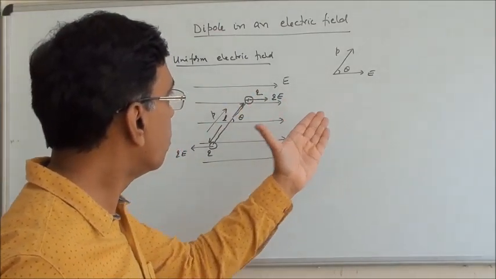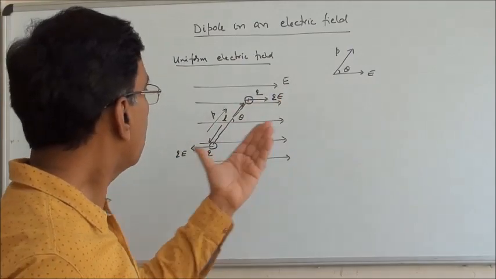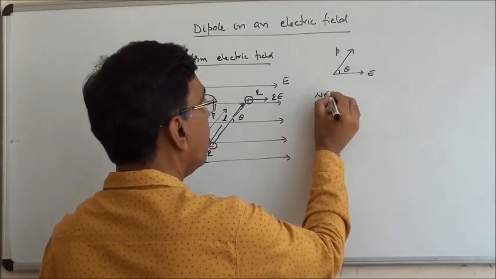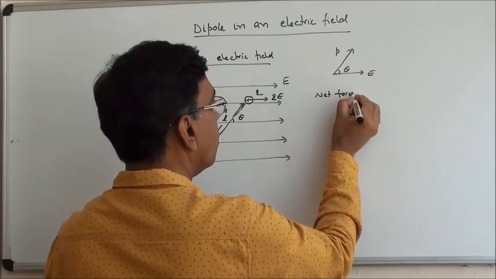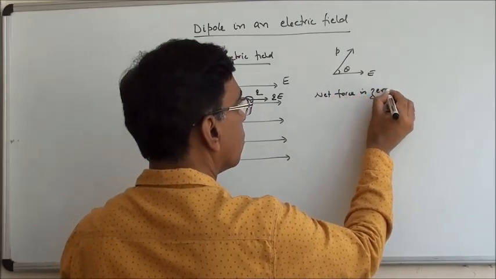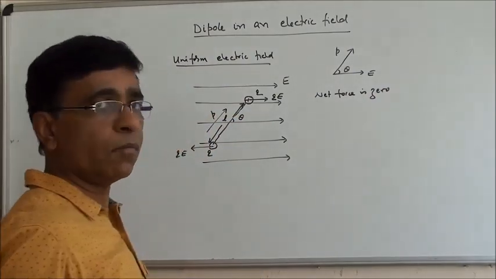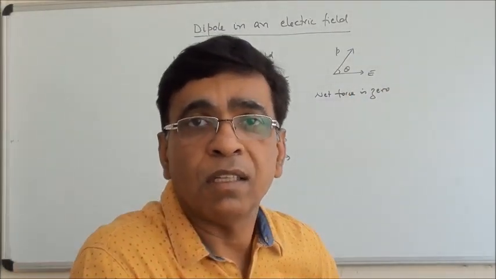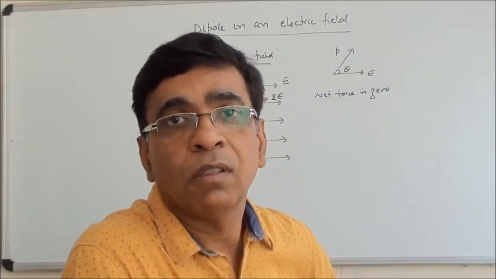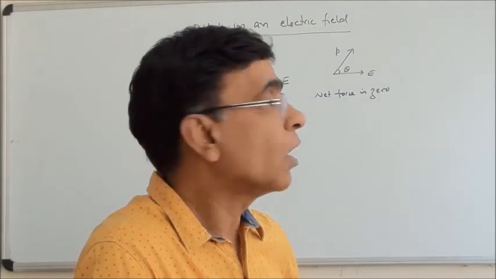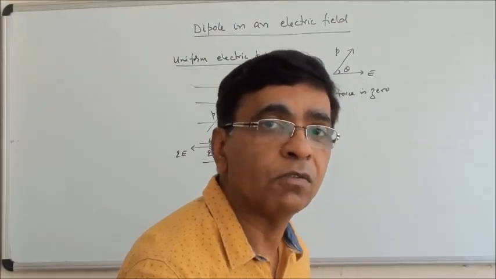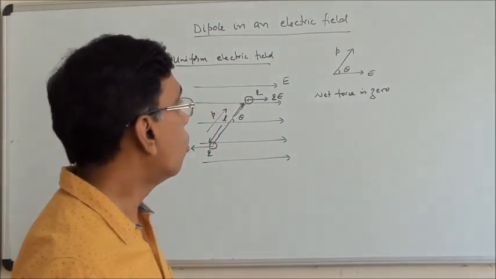But one will be along the electric field and the other opposite to it. So what is the resultant force? The net force on this dipole is 0, because plus and minus experience equal force but in opposite directions. Net force is 0, but the net effect of these forces is not 0.